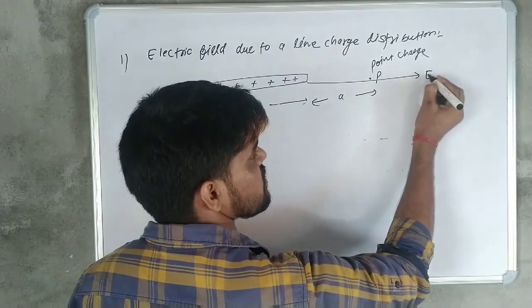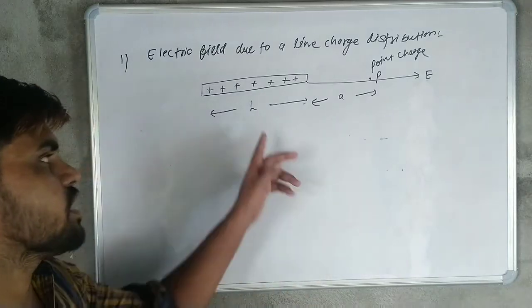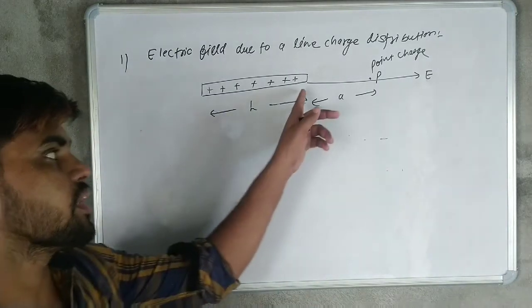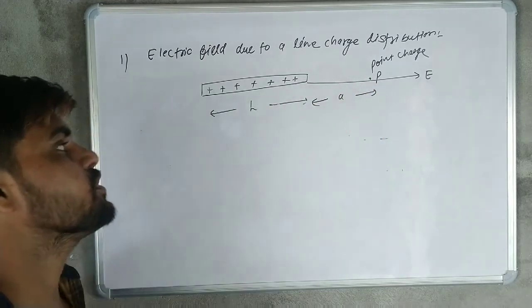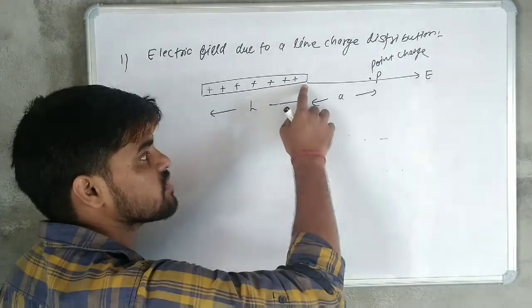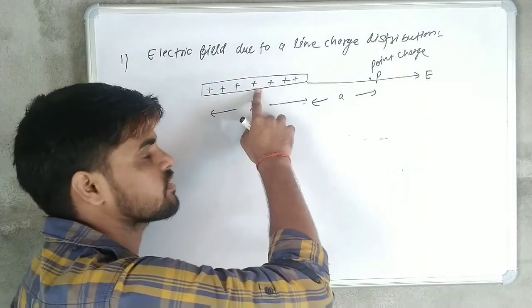So here is E, and we have to find the electric field at point P. We cannot find the electric field from this point or at the center.